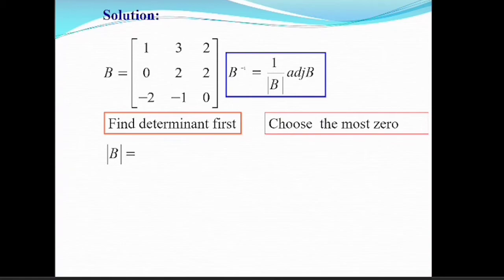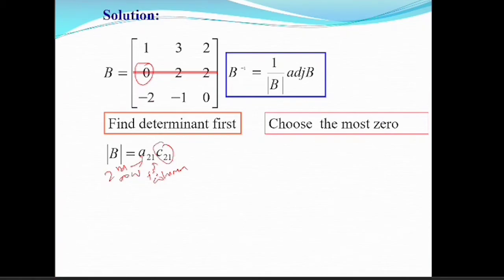For example, I want to choose the second row, because I see that there's a 0 in the second row, which will make my calculation easier. So my formula would be A21, which refers to the second row and first column, multiplied with the cofactor of that element as well.